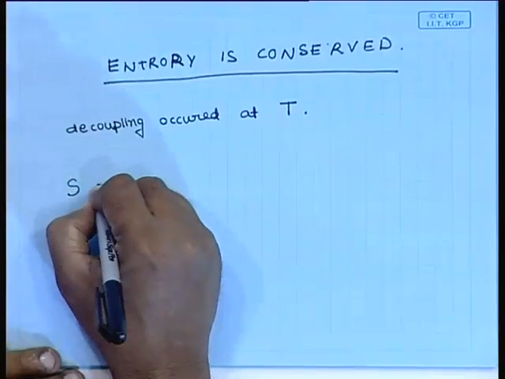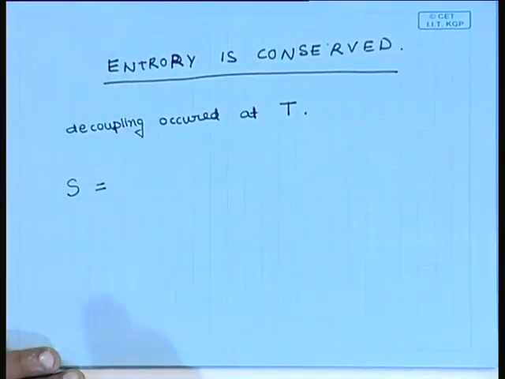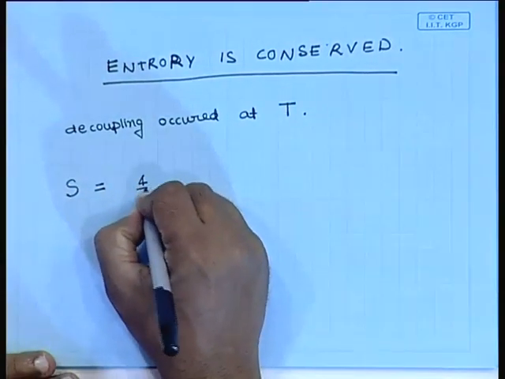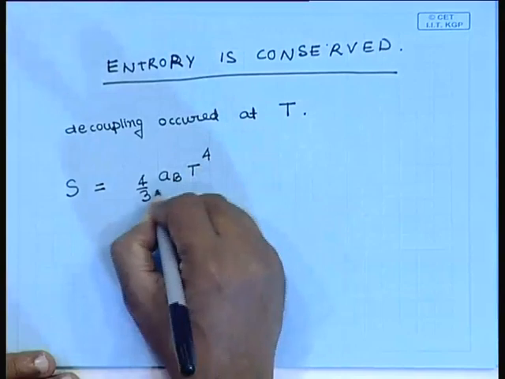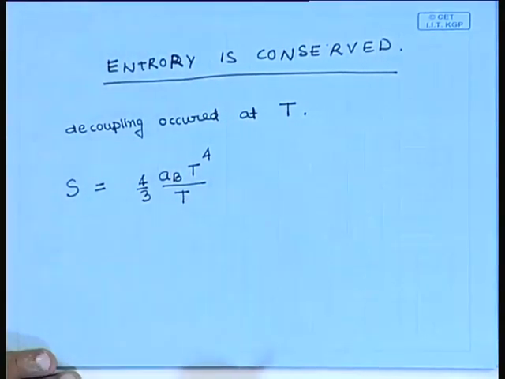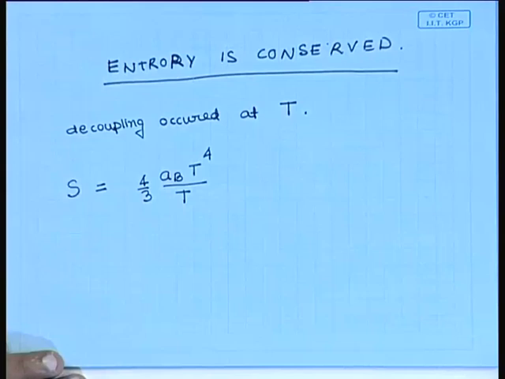Now, before decoupling, what is the entropy? So, let us take a volume V and we have worked out the entropy of a photon fluid. We have worked this out in the last class. The entropy of the photon fluid is 4/3 AB T to the power 4 divided by T. Okay.